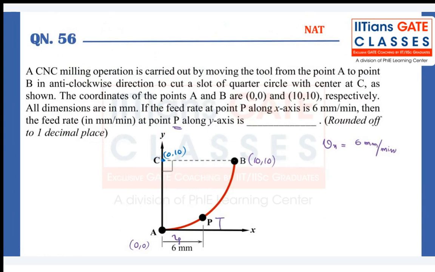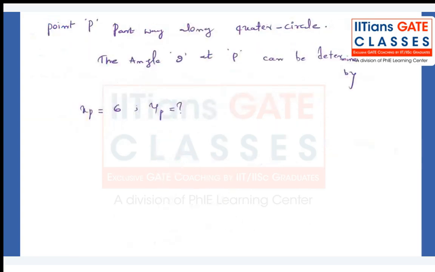Now we don't know the y coordinate at P, we know the x coordinate. So from the coordinates, using the circle equation, I can write, be a little cautious regarding this problem, guys.